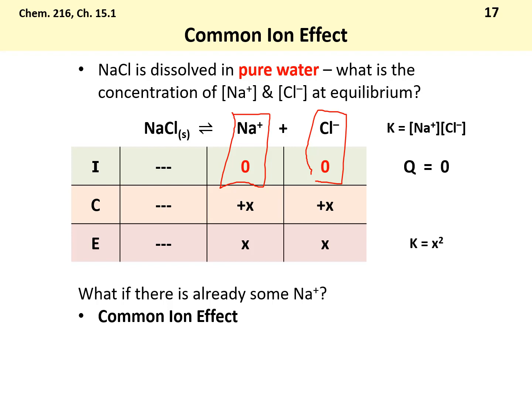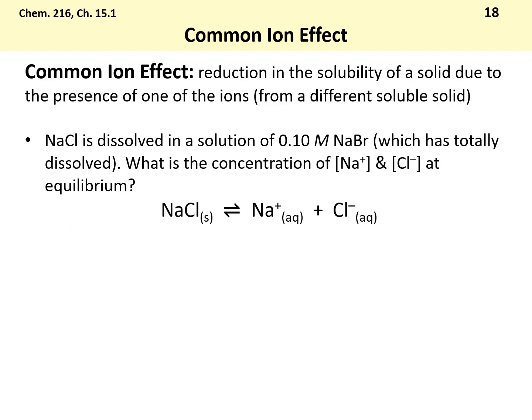And this is something called the common ion effect. The common ion effect is the reduction in solubility of a solid due to the presence of one of the ions. This is from a different soluble solid, right? So notice the presence of one of the ions. So these two solids have a common ion.